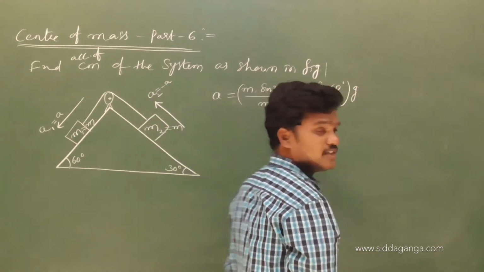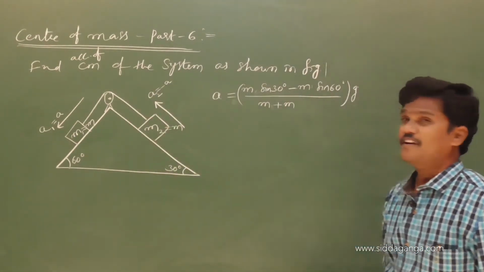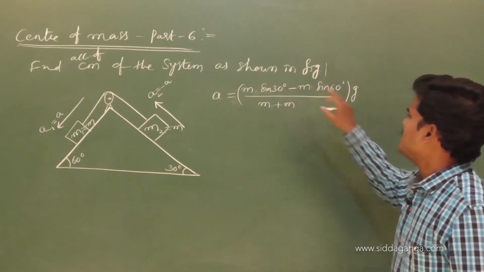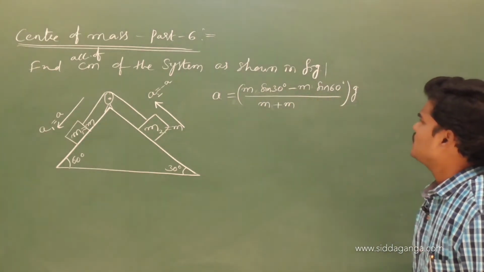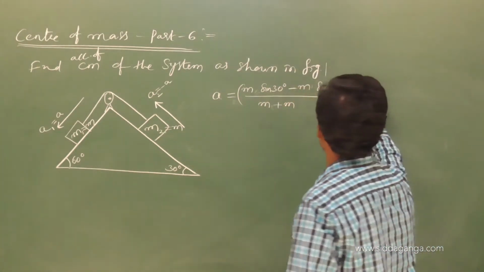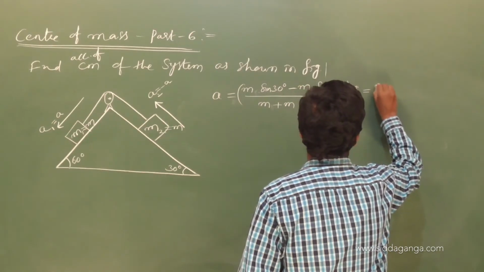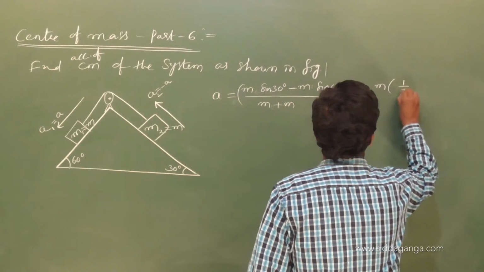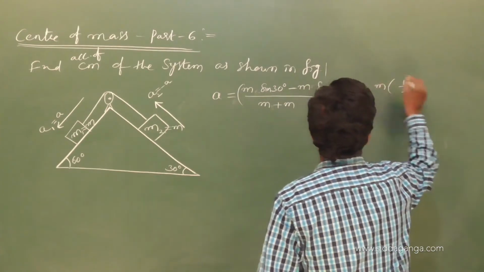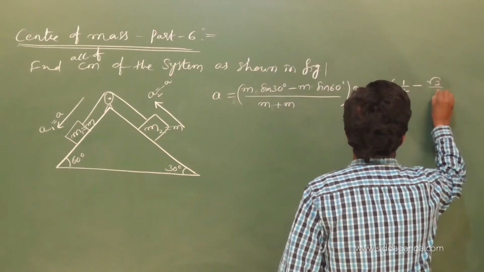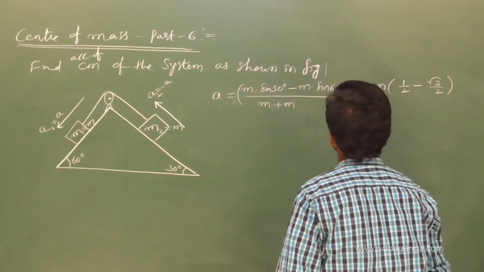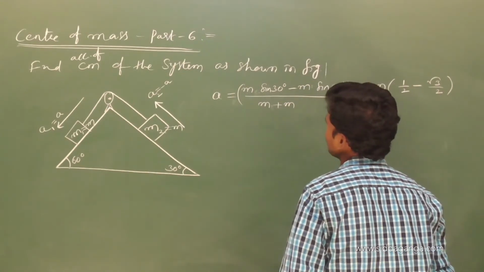So this is only the acceleration of the system I am finding now. m sin 30 minus m sin 60 by 2m. So m sin 30 is m by 2, m you can take outside, 1 by 2. This is m sin 60, root 3 by 2.